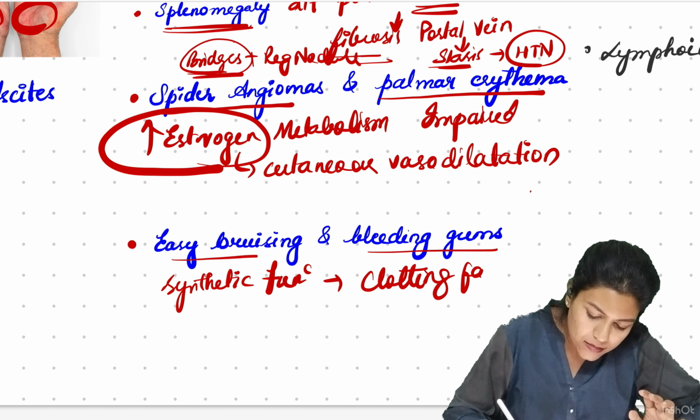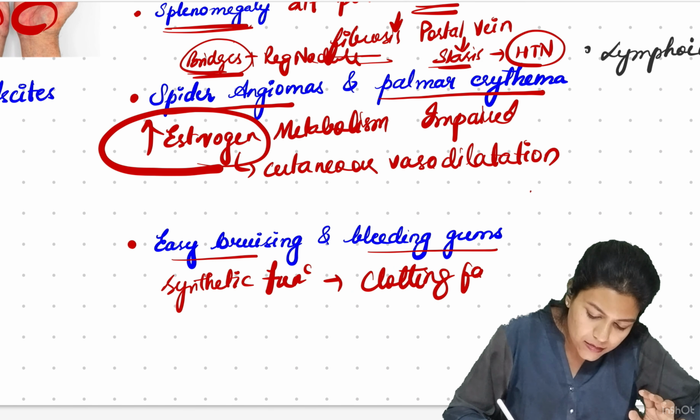And there is peripheral edema and ascites. Peripheral edema is because of, again, loss of synthetic function. What synthesis? Protein synthesis. So decreased protein, most commonly hypoalbuminemia. Mainly albumin synthesis goes down. Because of hypoalbuminemia, there is peripheral edema, and ascites is again contributed to by portal hypertension.